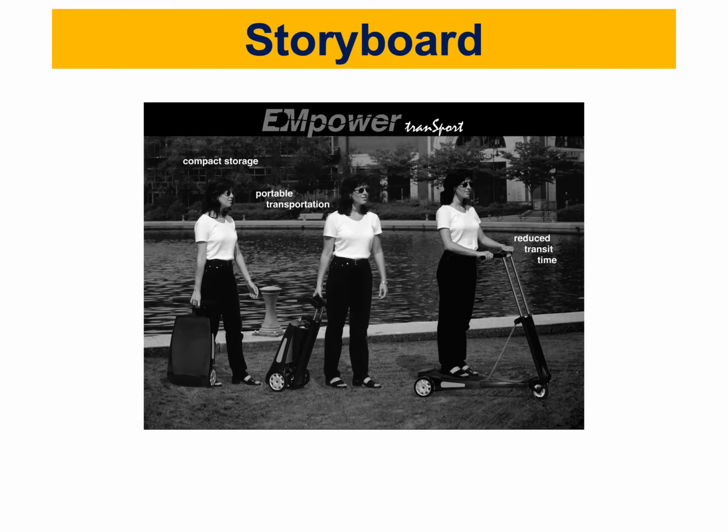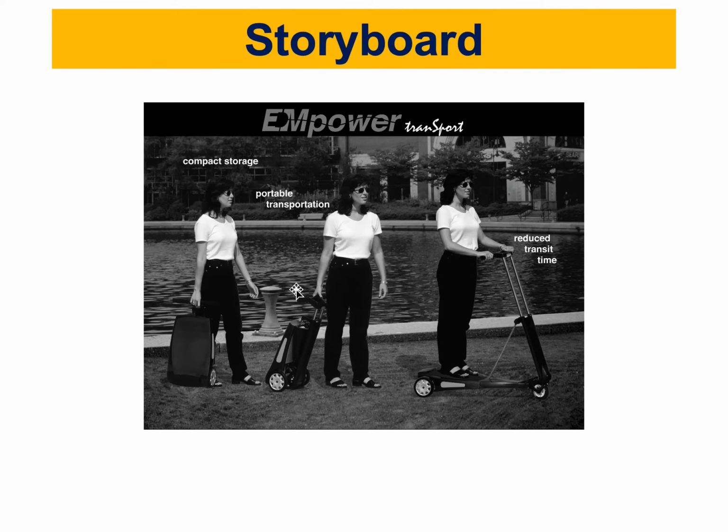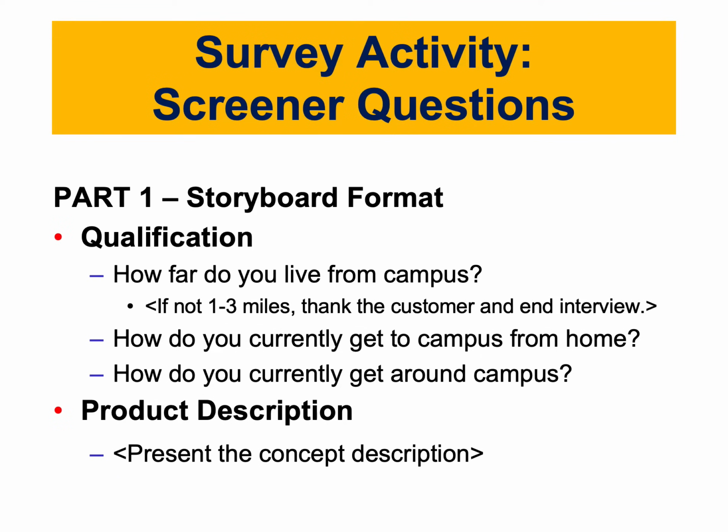We are going to move now to talk about how to measure customer response, which is the 5th step of the process. Continuing our example, the electric scooter, the format of the survey is the storyboard format, which is the picture that we showed before, that shows the steps of using this scooter.